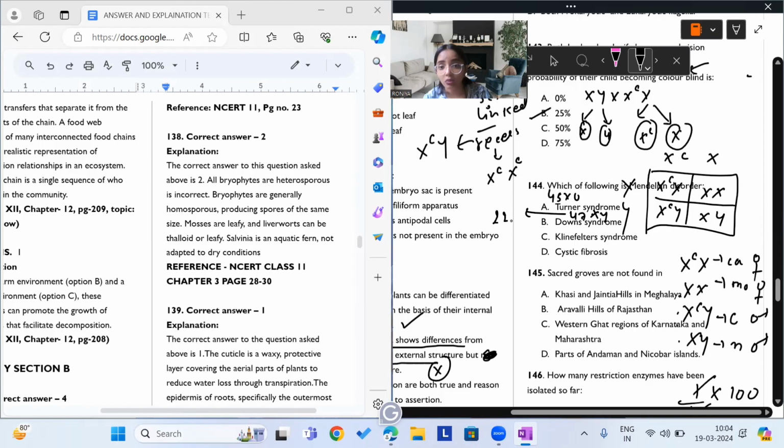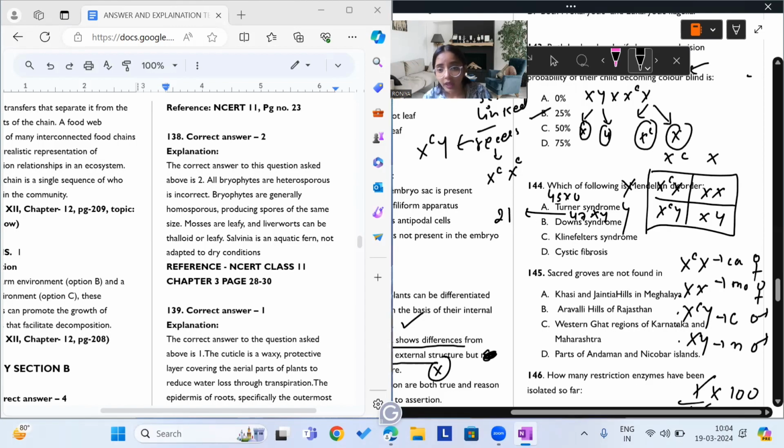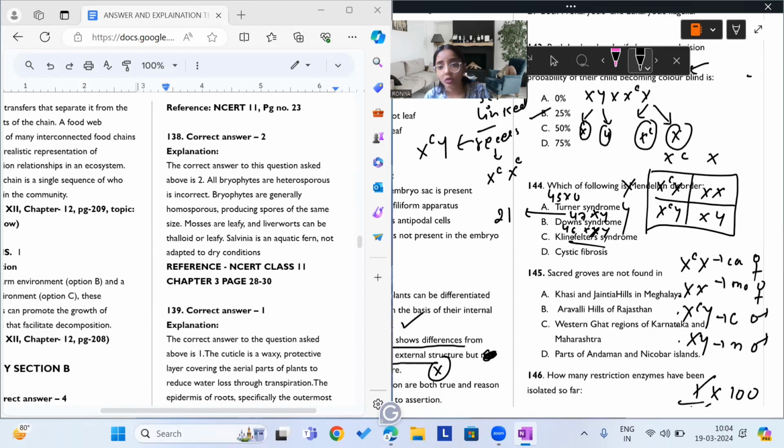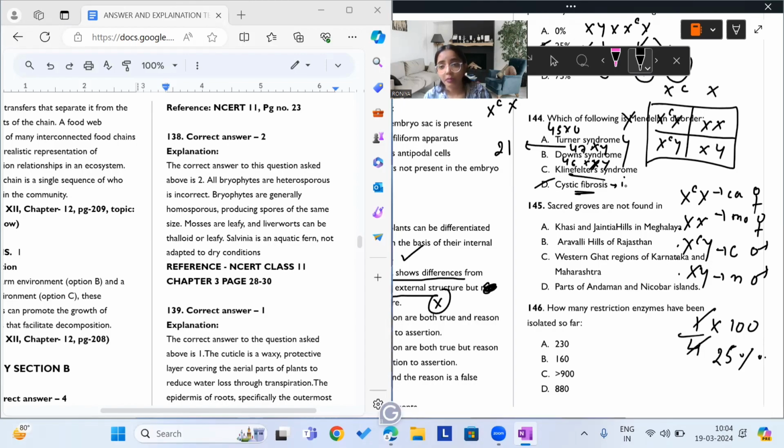Because it has three copies of chromosome 21. And Klinefelter's has 47 XXY. So all these are chromosomal disorders. Cystic fibrosis is a Mendelian disorder. In cystic fibrosis, there is immobility of cilia.